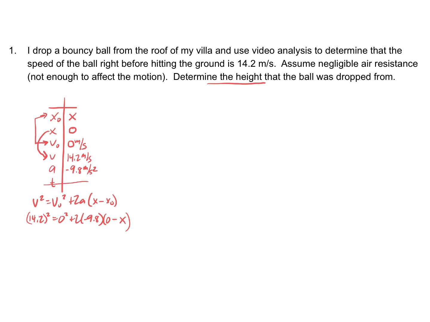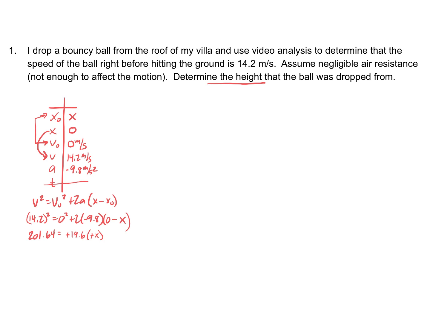I can do 14.2 squared, which is 201.64. And then the 0, of course, is just going to be 0. 2 times negative 9.8 is negative 19.6. And the 0 minus x is going to be a negative x. I can just get rid of the negatives there.